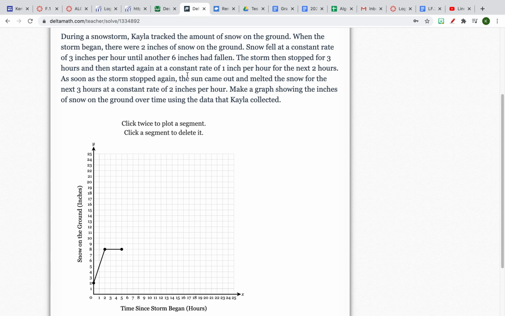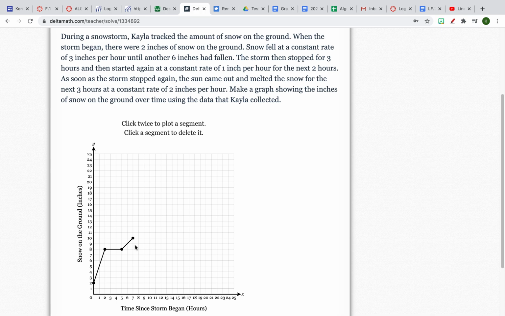It then starts again at a constant rate of 1 inch per hour for the next 2 hours. So it starts again, 1 inch per hour. So I go up 1 over 1, then up 1 over 1, 2 hours. As soon as the storm stopped again, the sun came out and melted the snow. So now we're melting.